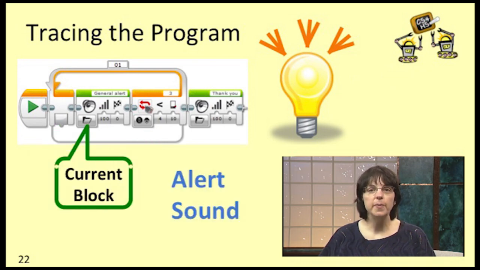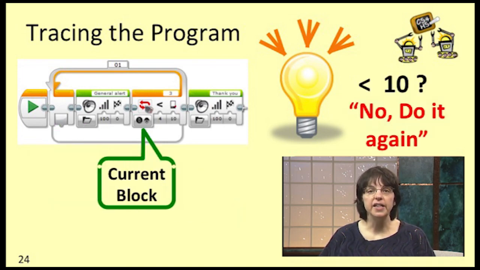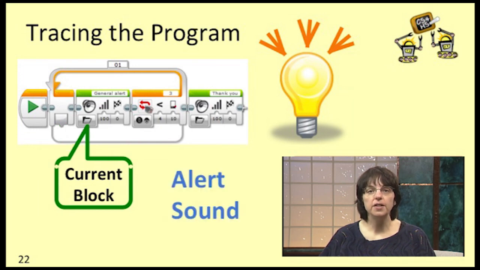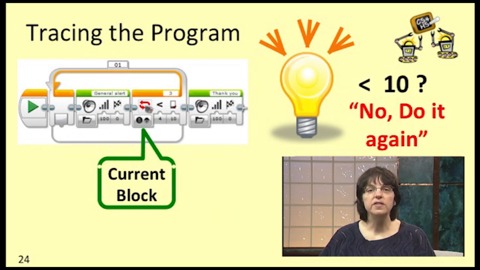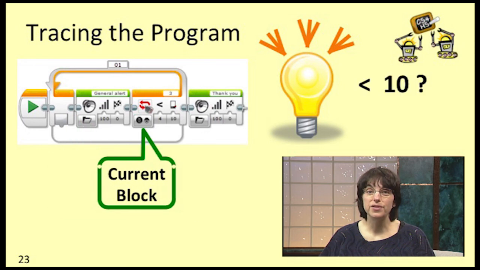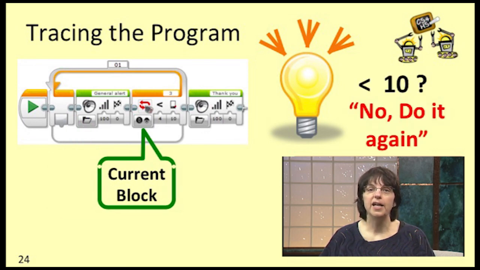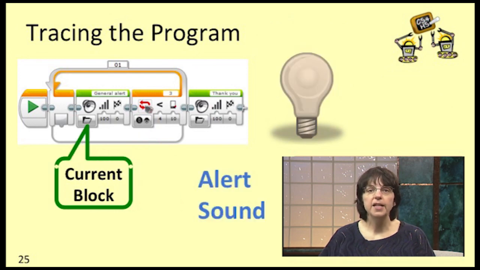We continue in this manner as long as the light stays lit. Every time we check the light sensor, the value is still not less than 10, so we do it again, and again, and again. At some point, I turn off the lights or cover the sensor, maybe while the EV3 is in the middle of playing that alert noise.